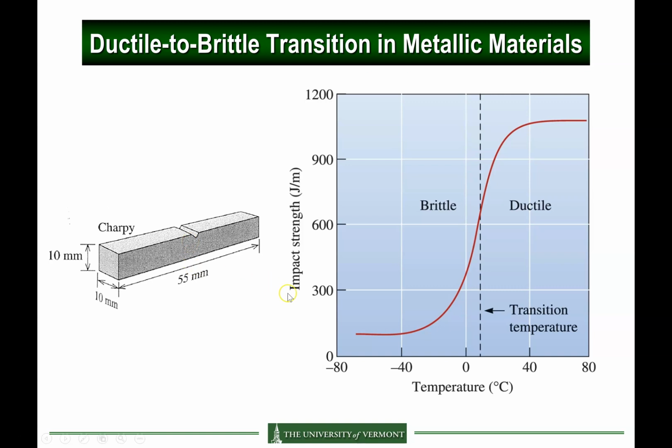And so when you plot as a function of temperature, right now you see a nice, beautiful S-curve. In reality, you'll have just a few data points along this curve, but it will show a transition from low energy to high energy of impact fracture, which is associated with a change from brittle to ductile fracture. Okay, and so in this experiment in particular, the parameter we're interested in is the temperature at which the transition from brittle to ductile occurs. Okay, so in this example, it's around 10 degrees C.